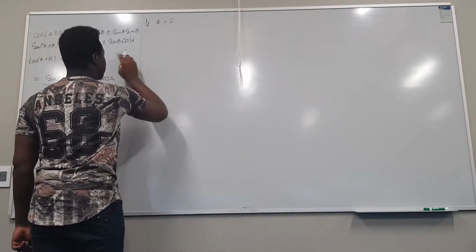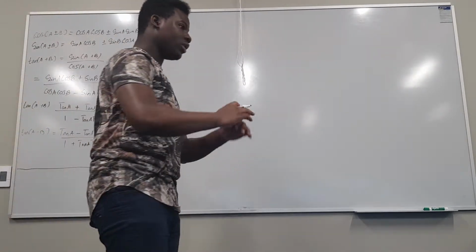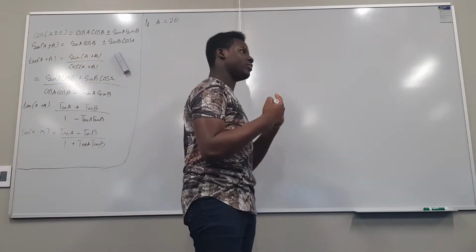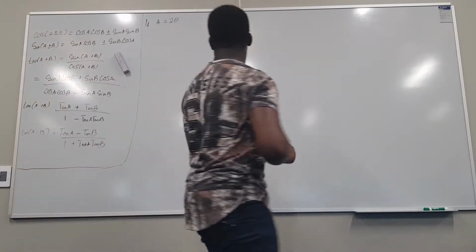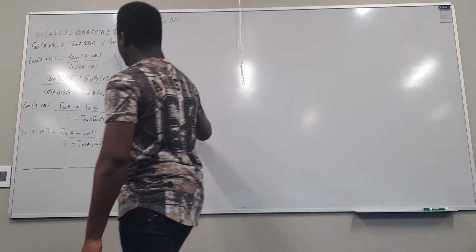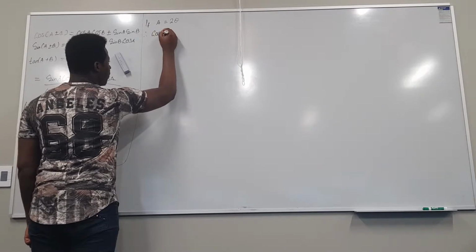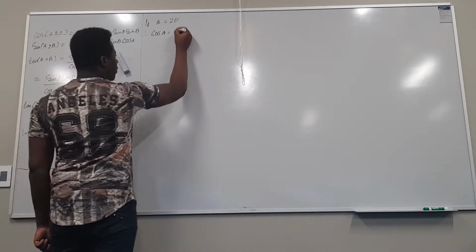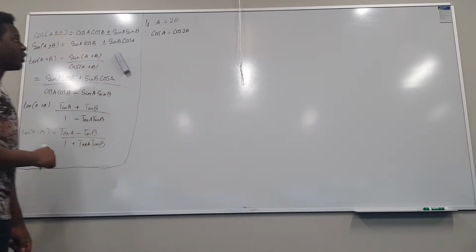Let's use actual angles. If A is equal to 2 times an angle theta, therefore cosine A is equal to cosine 2 theta.